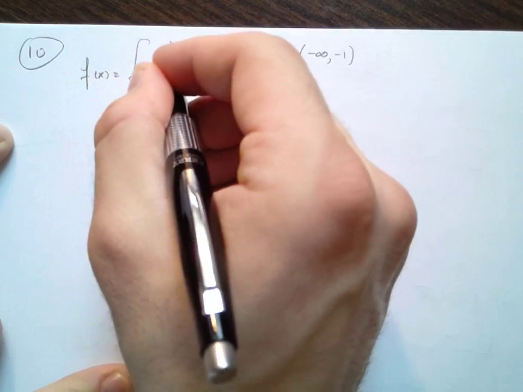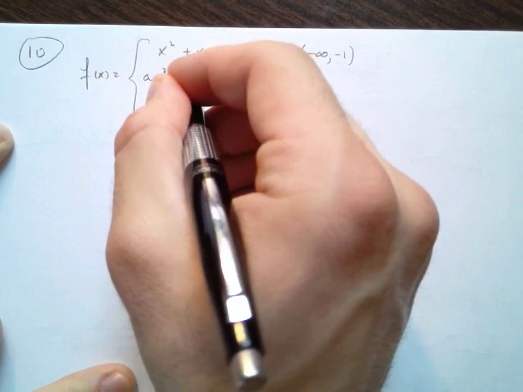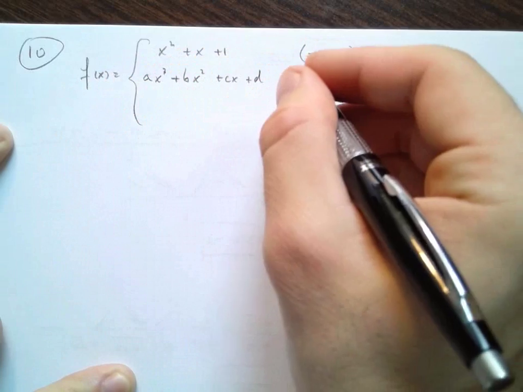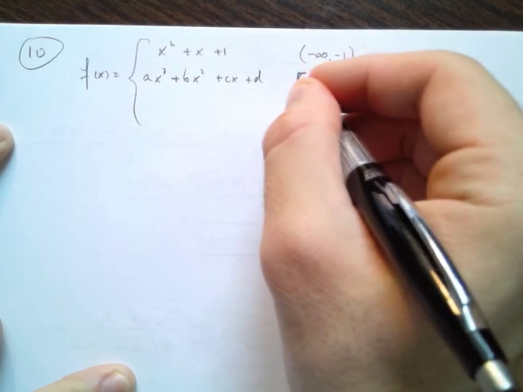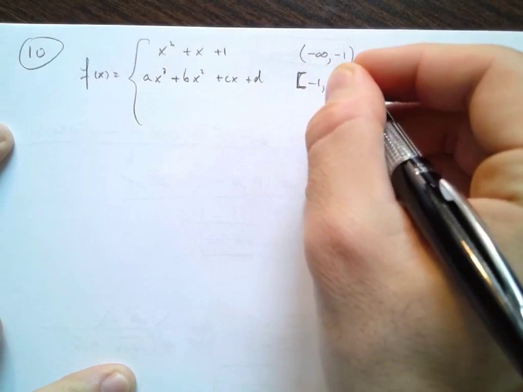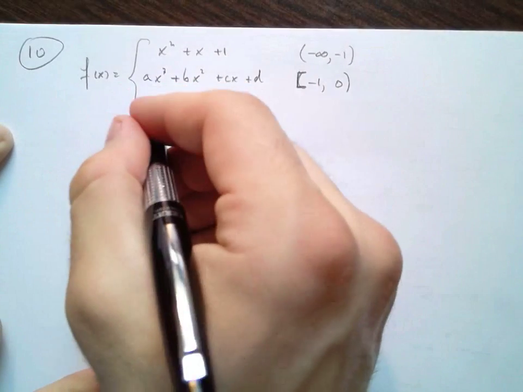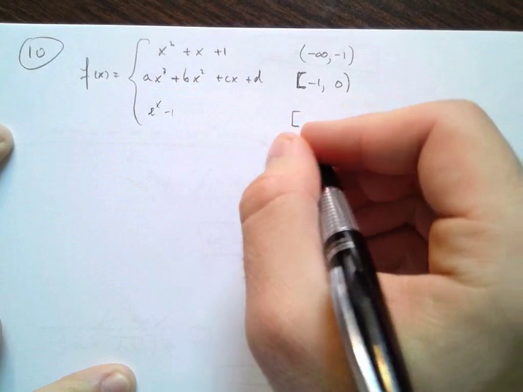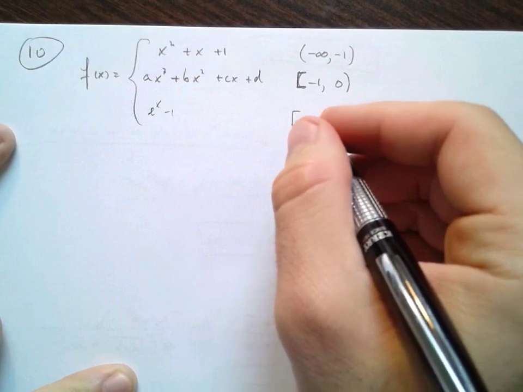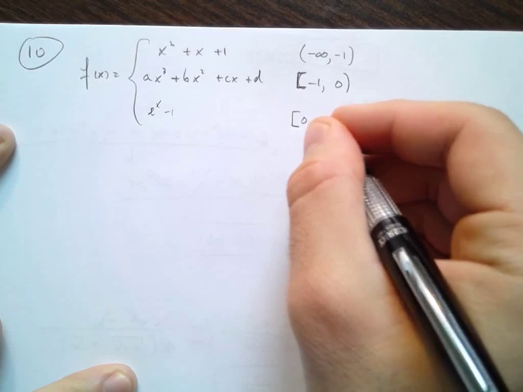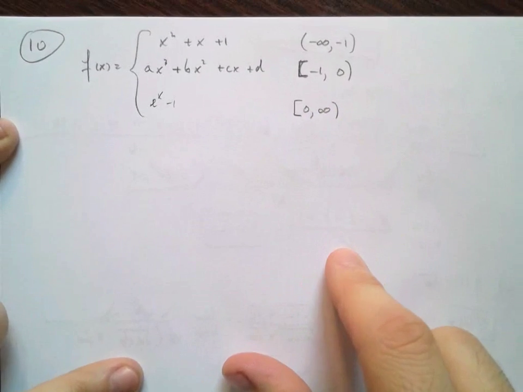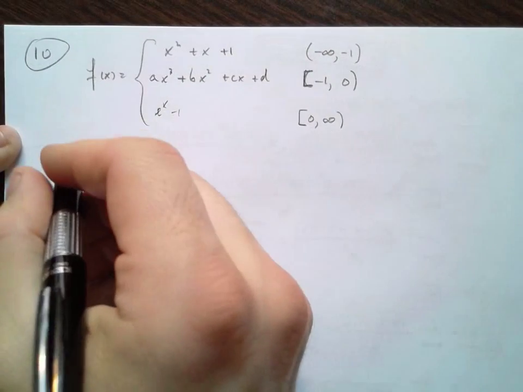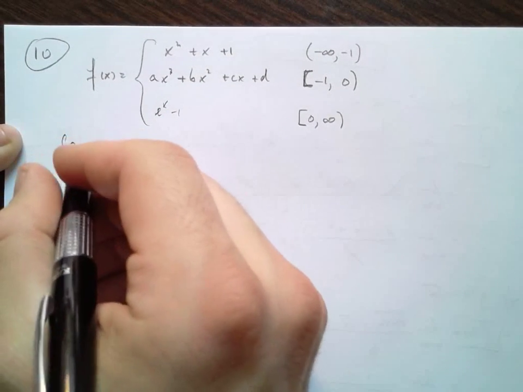I have ax cubed plus bx squared plus cx plus d on the closed interval from minus 1 to 0, and I have e to the x minus 1 on the interval 0 to infinity. Okay, first, in order to have differentiability, we need continuity, so we're going to take continuity first.